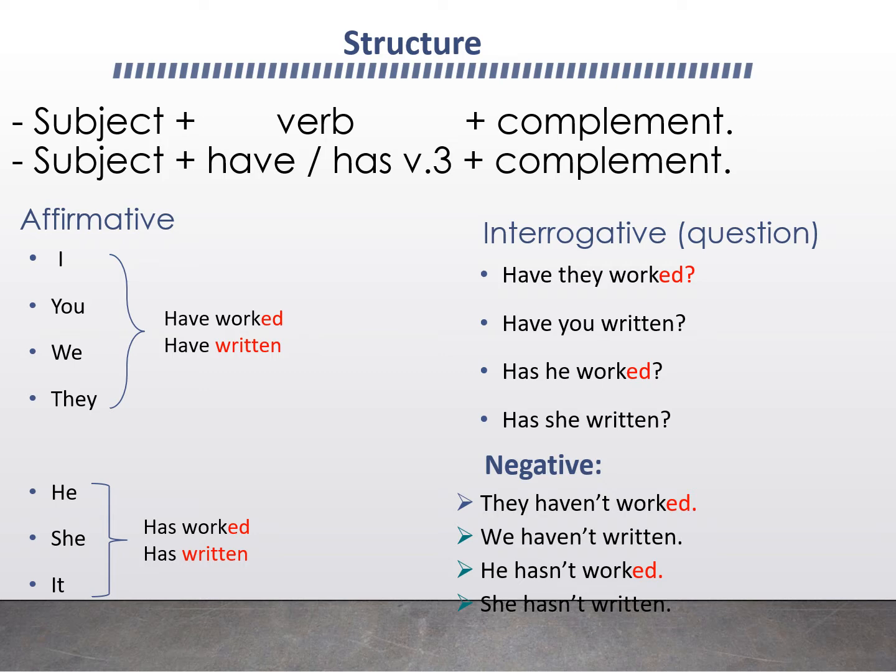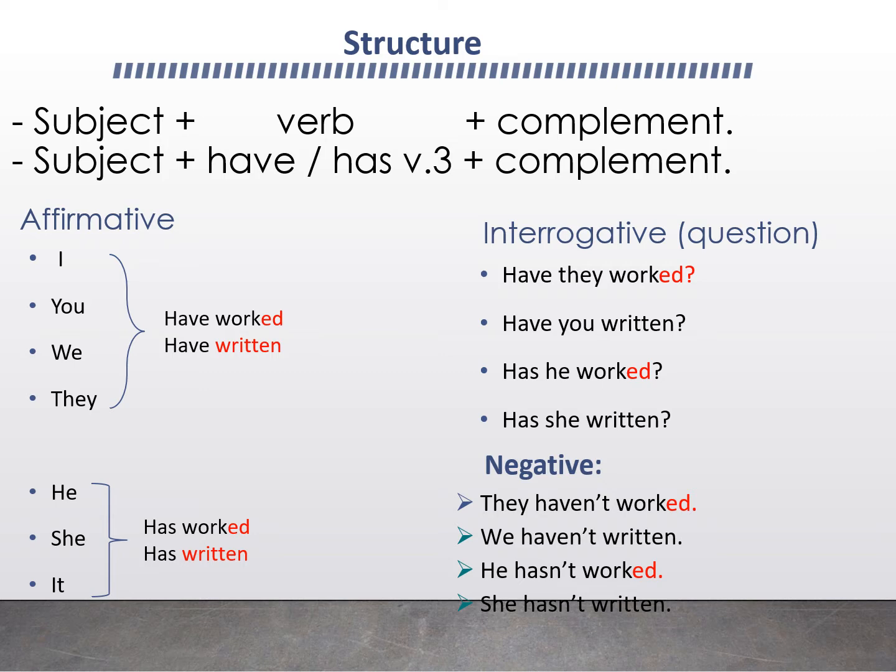So we say, I have worked, we have written. Moving to the other part, where we are going to talk about singular subjects, like he, she, it, Sally, Ahmed, the teacher, we are going to use has plus verb 3. So we say he has worked, it has written.